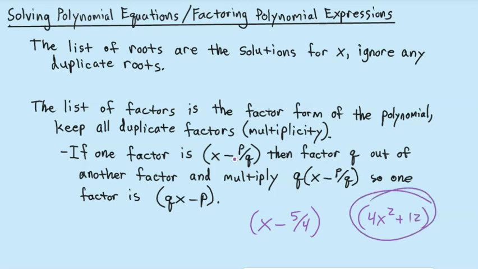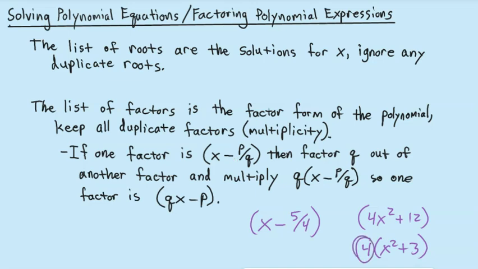And in this factor, you can actually factor out the 4. So you can see it says if one of your factors is x minus a fraction, then factor q, the denominator, out of another factor. So you're going to look at your other factor and factor out the 4. 4x squared divided by 4 is just x squared, and 12 divided by 4 is plus 3.